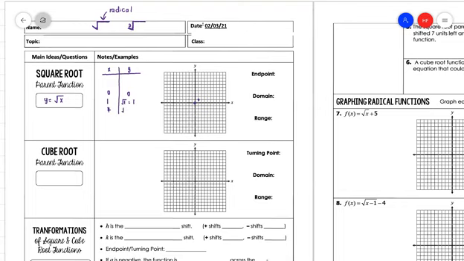So if I plug in a 4, I get the square root of 4, which is 2. So we're going to go to 4 on the x and then 2 on the y. The next one that I can do is a 9, and the square root of 9 is 3. So we'll go all the way over to 9 and up to 3. So we kind of see what the curve's looking like, and then let's look at our negative values.